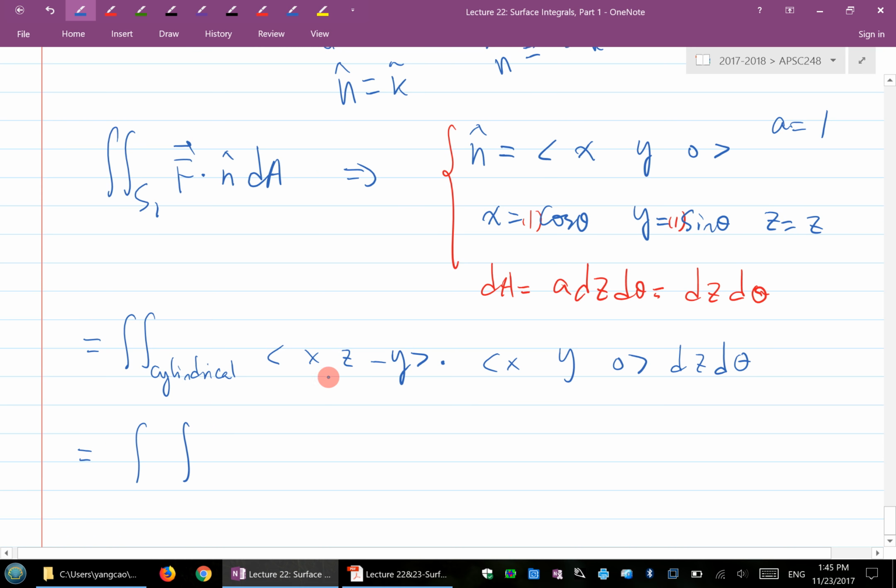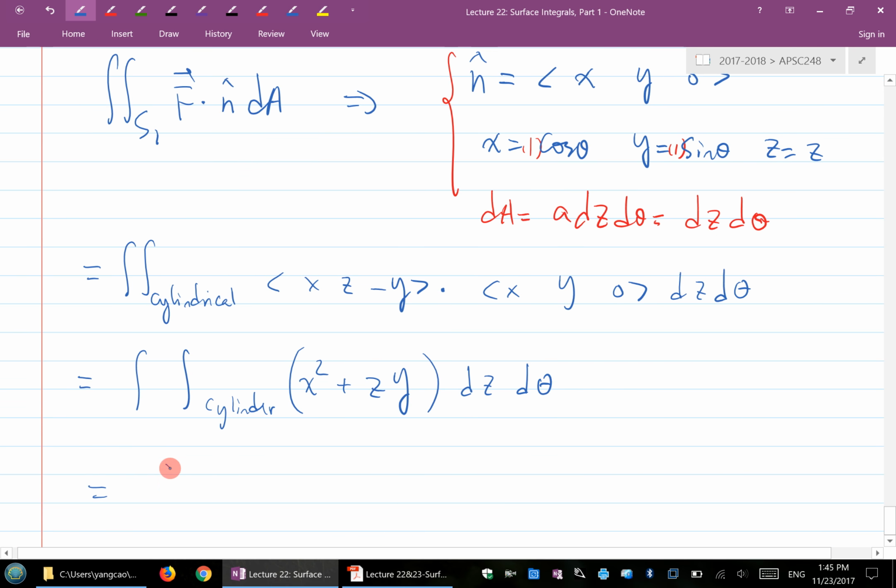So multiply this dot product out: x squared plus zy, and then dz d theta. And this is still the same surface. Now we're going to do the replacement. We replace the x with cosine theta, replace the z with the z, and replace the y with sine theta, because a equal to 1. And then dz d theta.